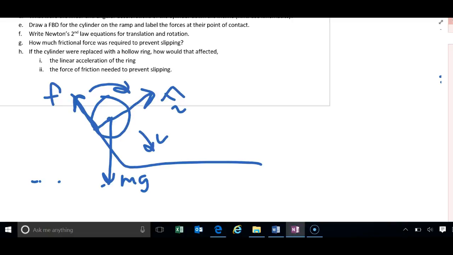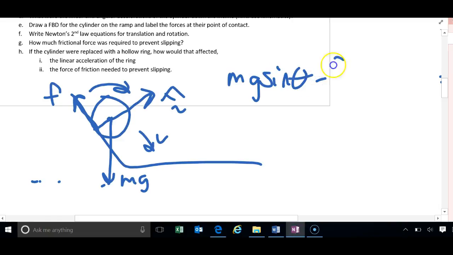So that was E. For F, draw the equations. Again, make the direction they go positive, or if they're rotating. So positive, we will say, is down the ramp. So what force is going down the ramp? Well, we've seen this joke before. What sends you down the ramp? That is mg sine theta minus friction, because friction's going up the ramp, equals ma.